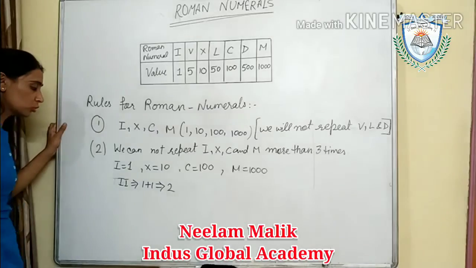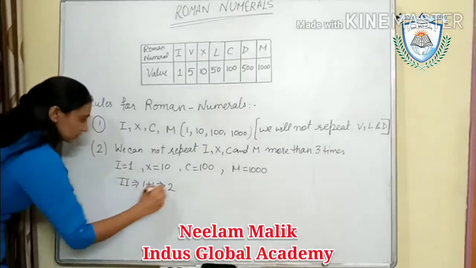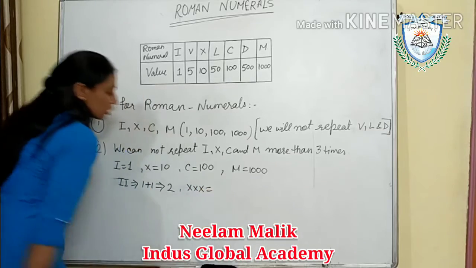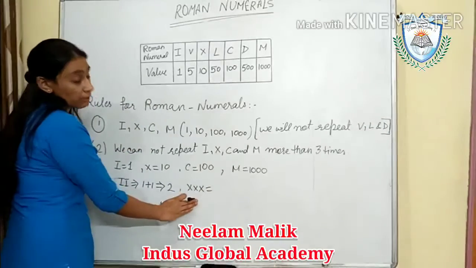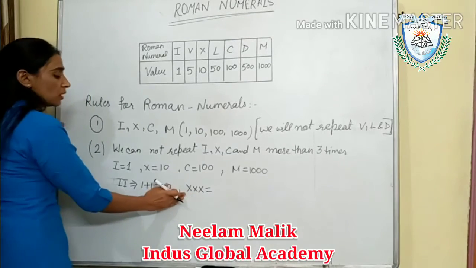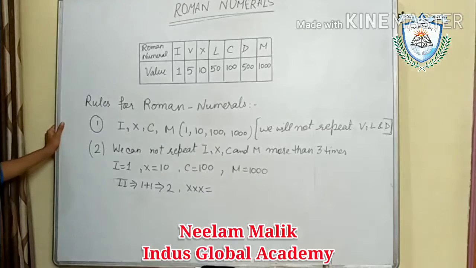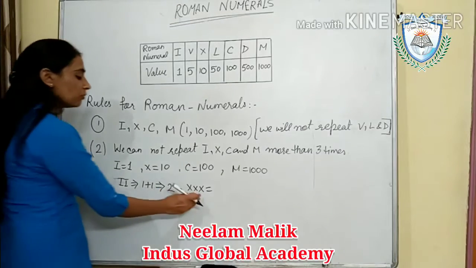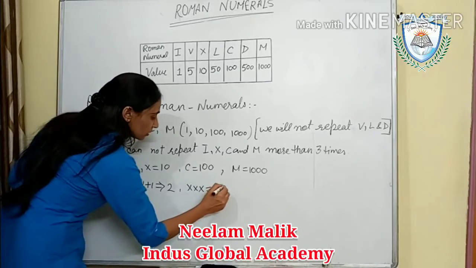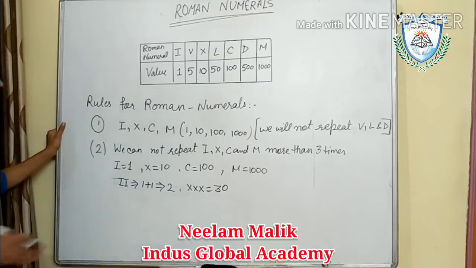If I am writing X 3 times, we cannot write 4 times, we will not write more than 3. When we repeat these letters together, their values will be added. So this is 10, this is 10, this is 10. It will be 30.